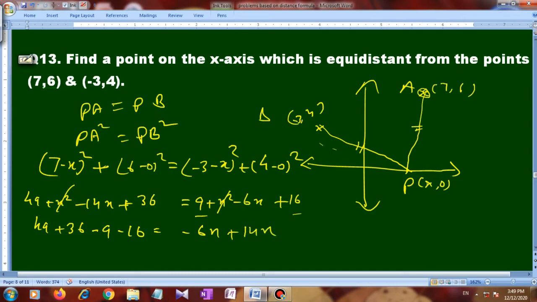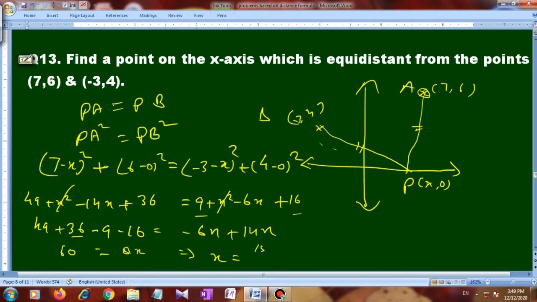So this will become 60, which equals 8x. Clear? So the value of x will be how much?